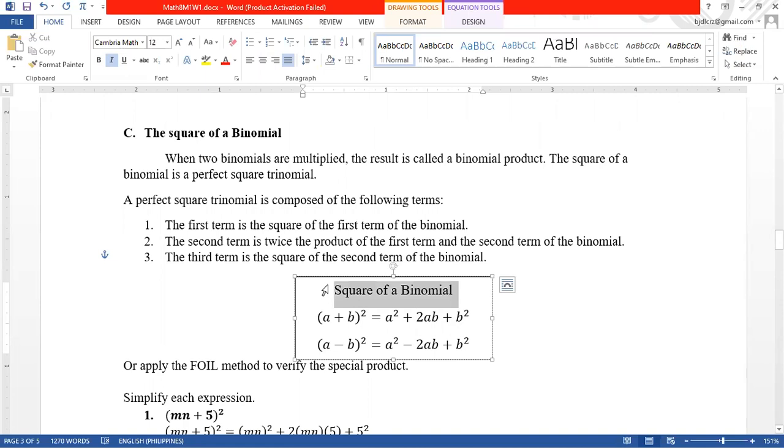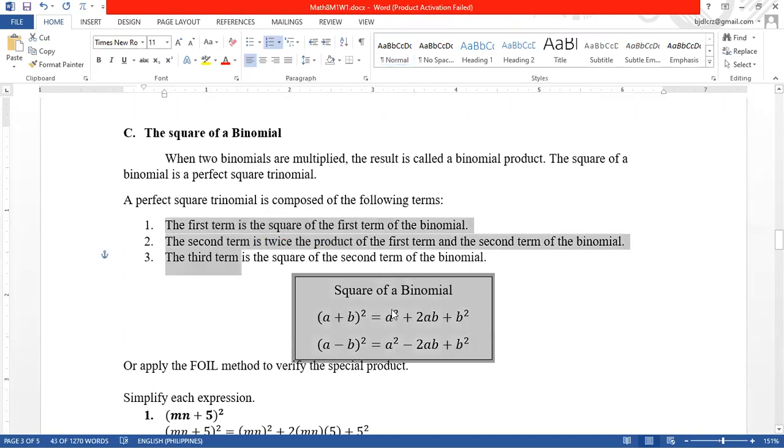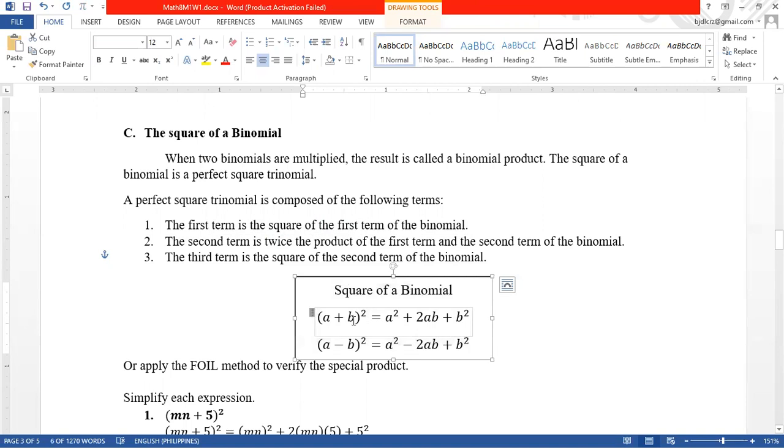So for squaring a binomial, for the square of a binomial, we have here three steps. The first step is you're going to square the first term. So this is the first term, which is a, and the second term is b. So a raised to the power of 2 plus twice the product of the first and second term.